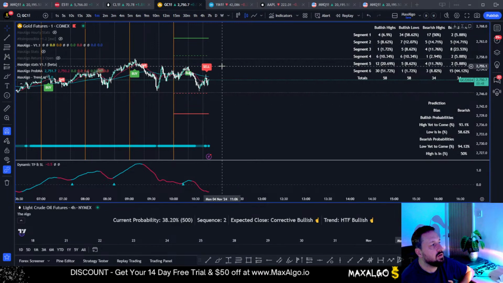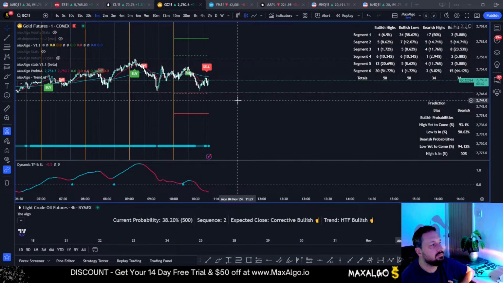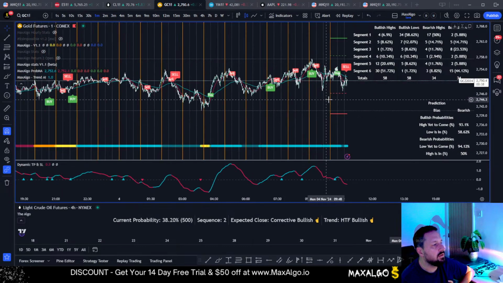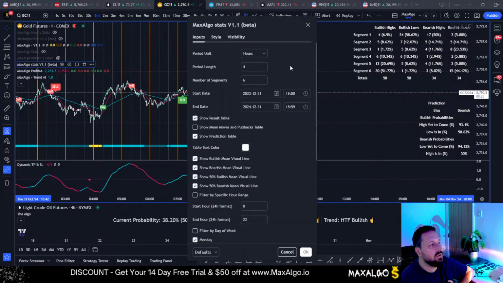We want to see that low go, and that'll give us our 4-hour high. Otherwise, if that high goes, that gives us our 4-hour low. And then we'll see. 1, 2, 3, 4. There's your previous 4-hour low and your 4-hour high, right? So, if you take those, then you'll have your 4-hour return.